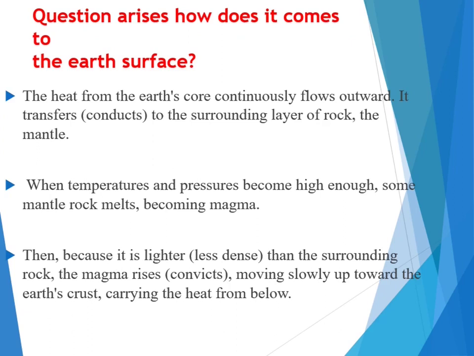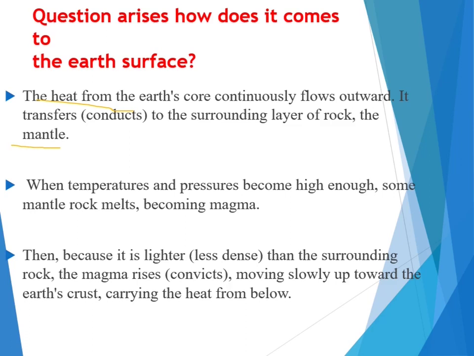But the question arises, how does it come to the earth's surface? Basically, magma is lighter than the surrounding rock, and the mantle rock which melts becomes magma. The temperature of the core of the earth is around 5000 to 7000 degrees Celsius. The heat from the earth's core continuously flows outward. It transfers to the surrounding layer of rock and mantle.